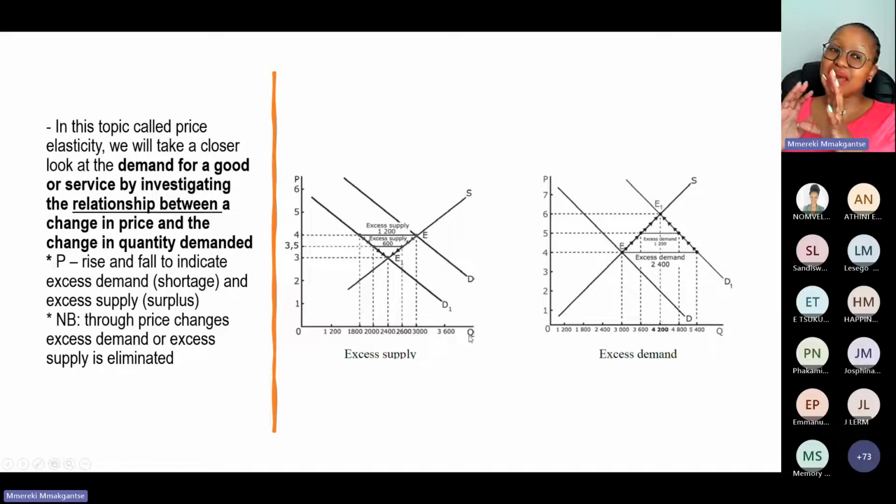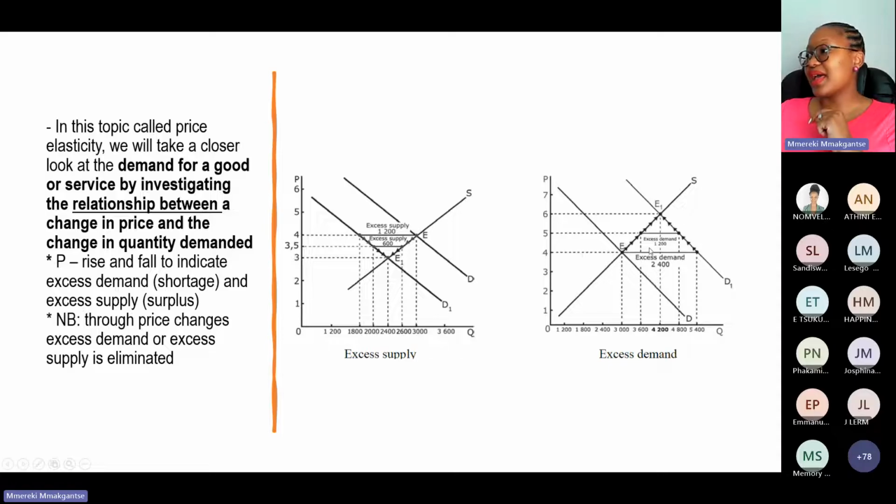Remember, this is just a recap, guys. I'm sure by now, if I were to wake you up, you'd know what excess supply is. Excess supply is when the price is above the equilibrium. Excess demand is when it's below the equilibrium, as shown here.